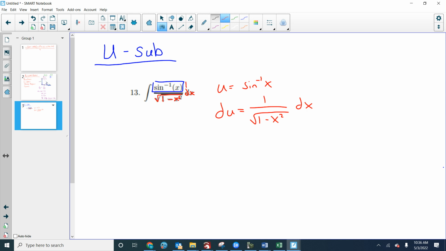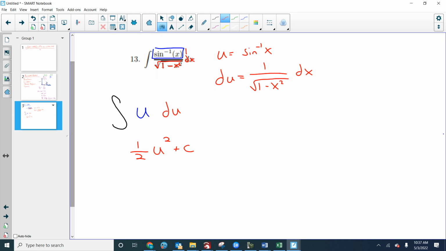So what does my integrand look like now? Well, the blue gets replaced with the red, u. That's an easy antiderivative, isn't it? What is it? 1/2 u squared plus c. Thank you. Plug u back in. 1/2 sine inverse of x quantity squared plus a constant.